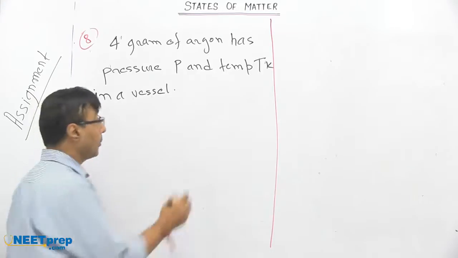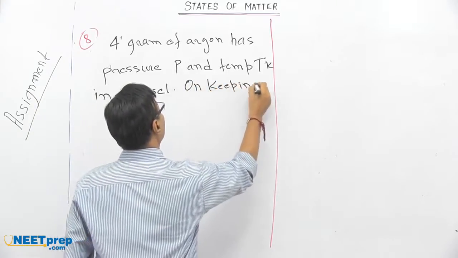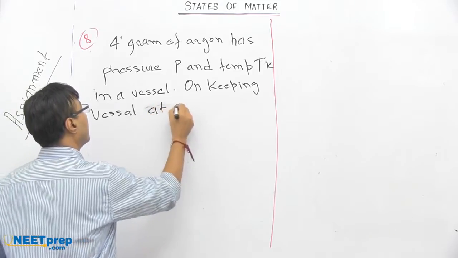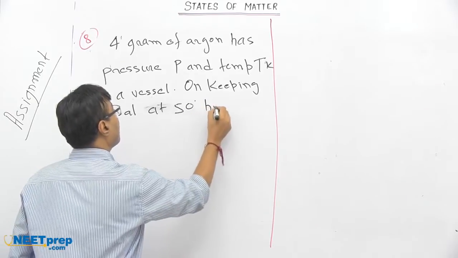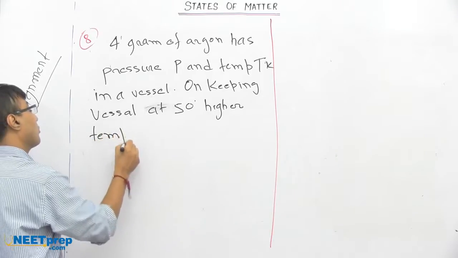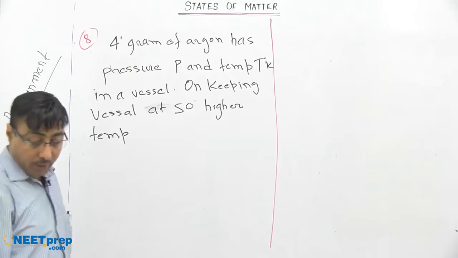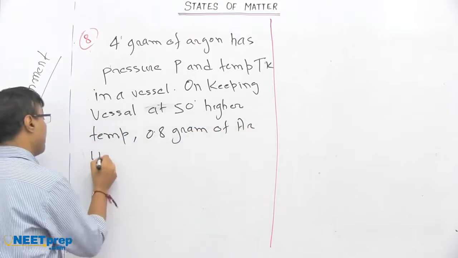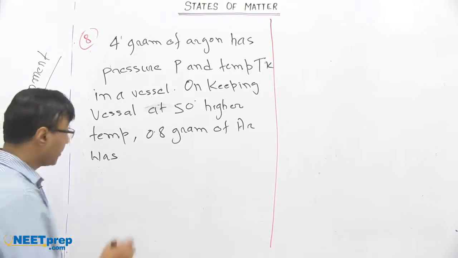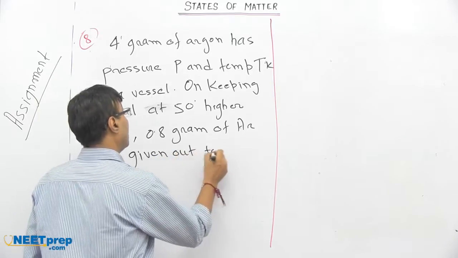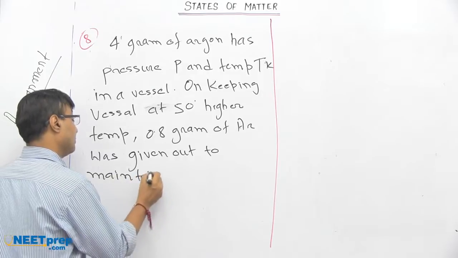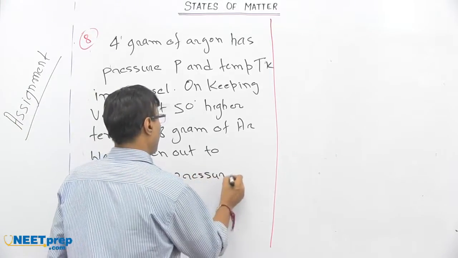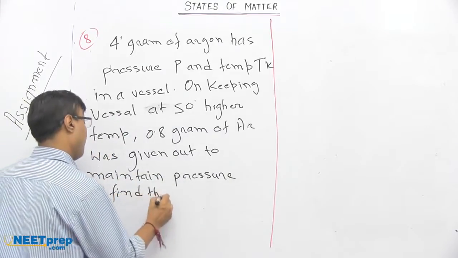On keeping the vessel at 50 degree higher temperature, 0.8 gram of argon was given out to maintain pressure P. Find the original temperature.